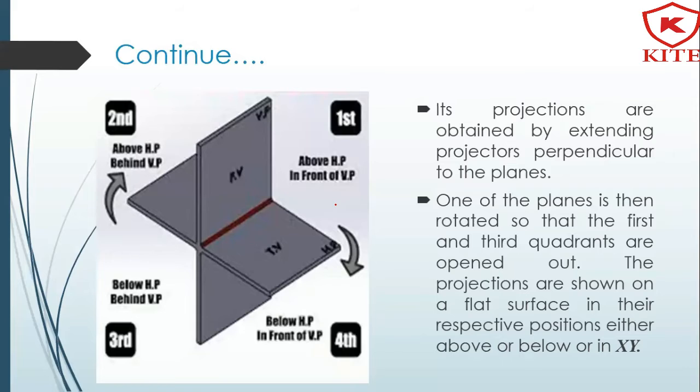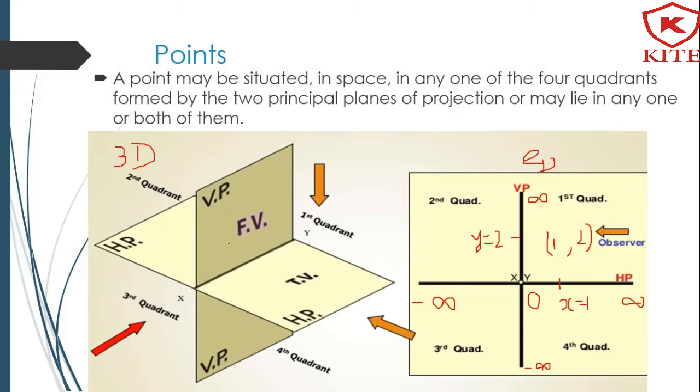Its projections are obtained by extending the projectors perpendicular to the planes. Here this is the XY line, and this is the VP, meaning vertical plane.